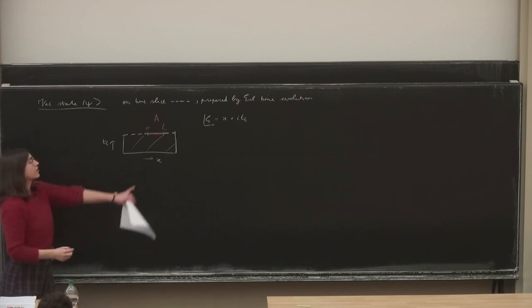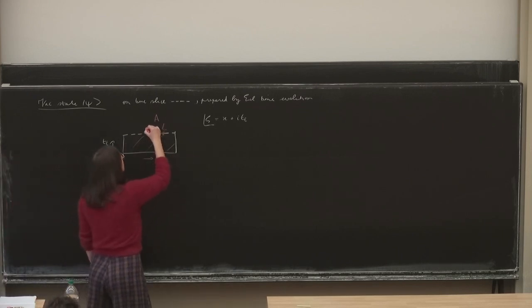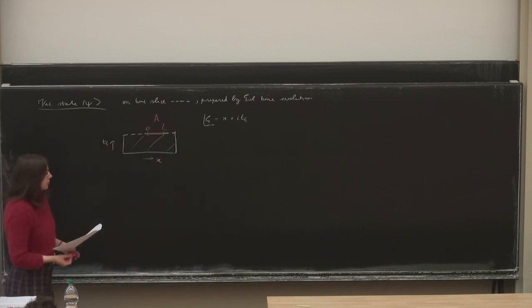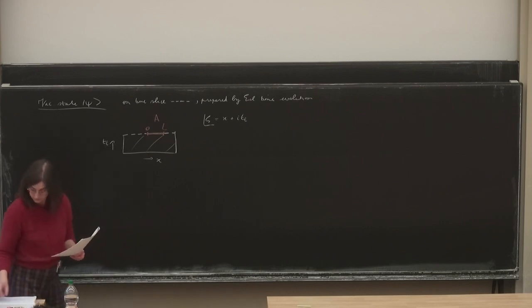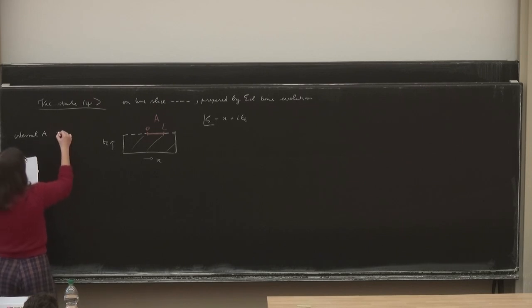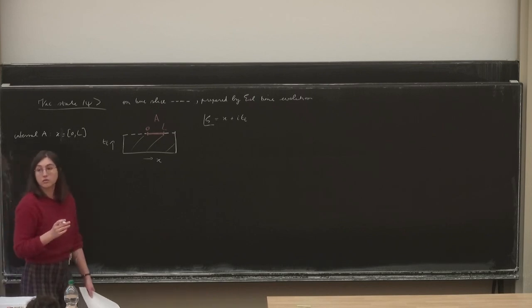So instead of having a random x1 and x2, I'm going to already translate it to start in the origin. So this is my region. So I have my interval A, which was given by x equal to 0, L. But then at the end of our calculation of the entanglement, we saw that we had to introduce this UV cutoff because the whole thing is divergent and you want to regulate it.